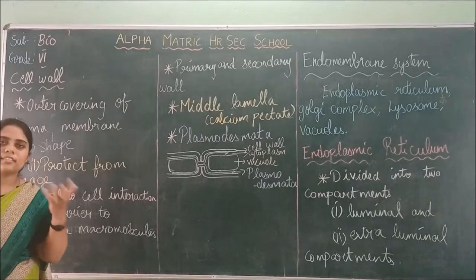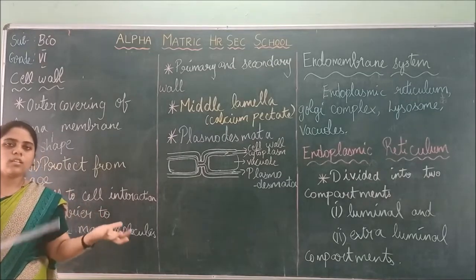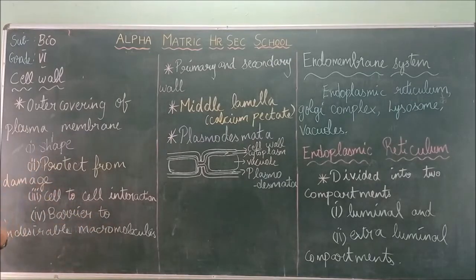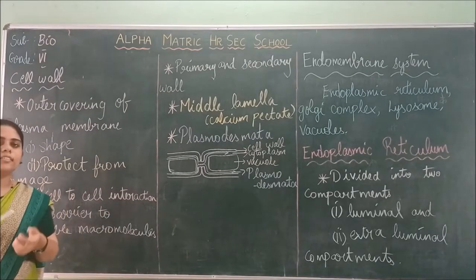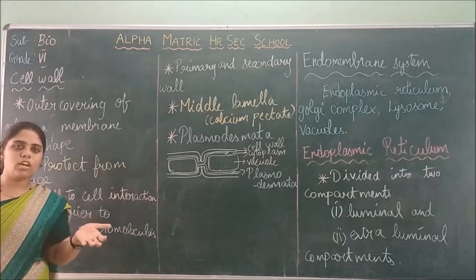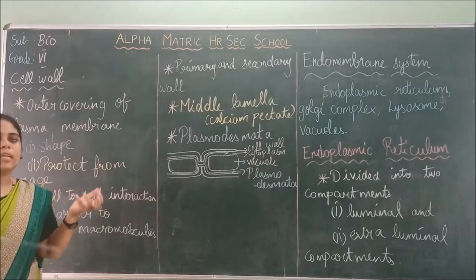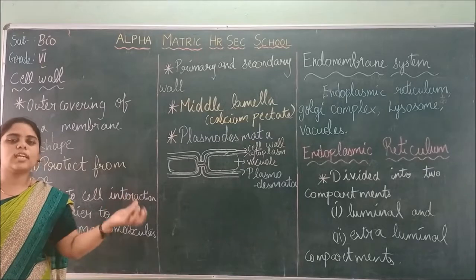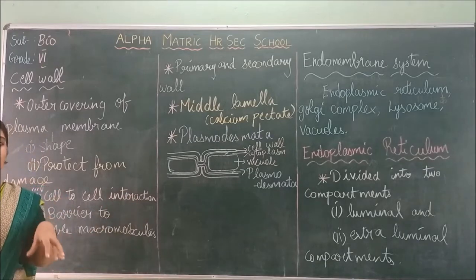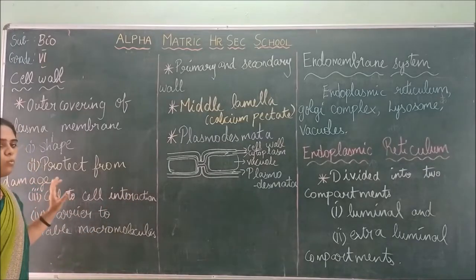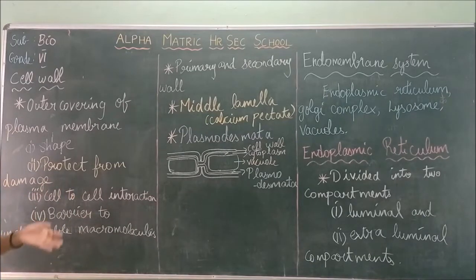It protects the cell from the unwanted molecules that are trying to enter. In the environment there will be lots of unwanted materials, many big molecules, and they will try to enter the cell. So the cell wall protects the cell and acts as a barrier. So these are the four main functions or characteristics of the cell wall.